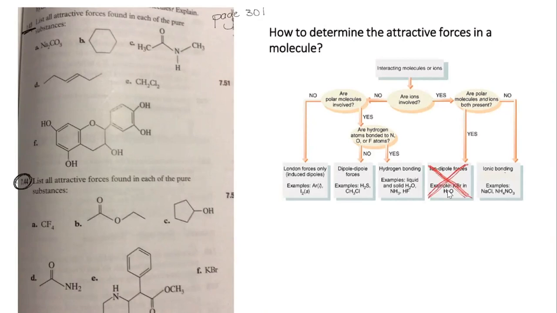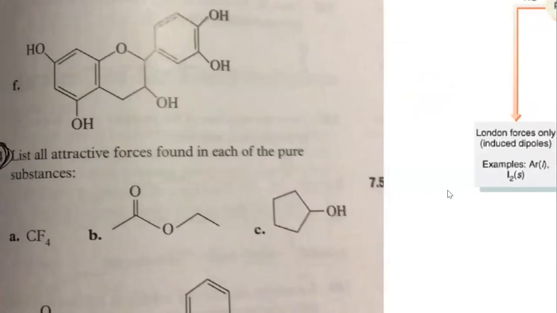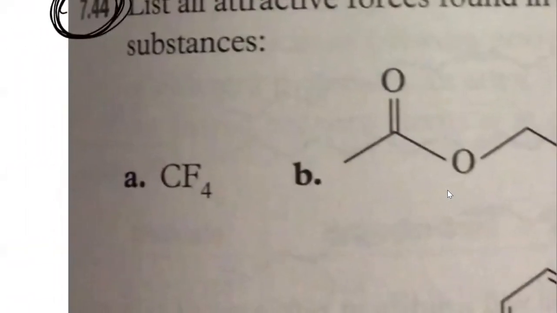So taking that into consideration, okay? As you can see, in problem 7.44, it says, list all of the attractive forces found in each of these compounds, okay? So let's first look at CF4.